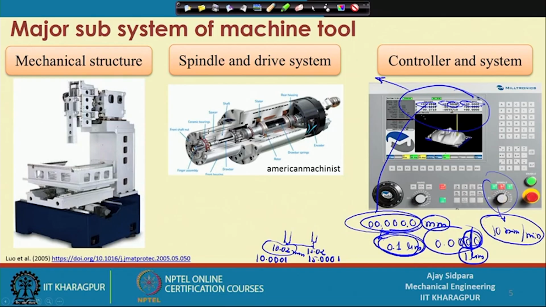Then without changing the part program, you can reduce the feed rate. So, you can move from 100%, suppose it is 100%, so whatever speed you are rotating, it will feed up to 10 millimeter per minute, but if you move it to 50%, then it will move with 5 millimeter per minute, right.